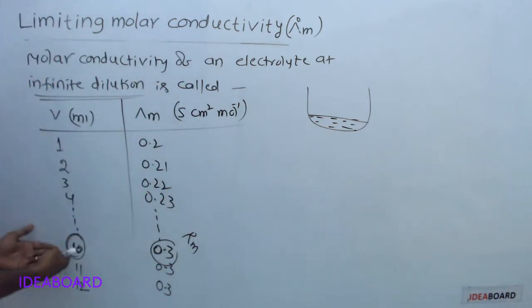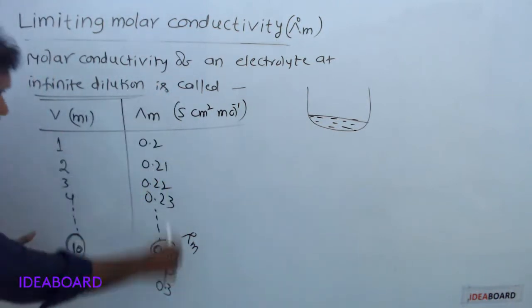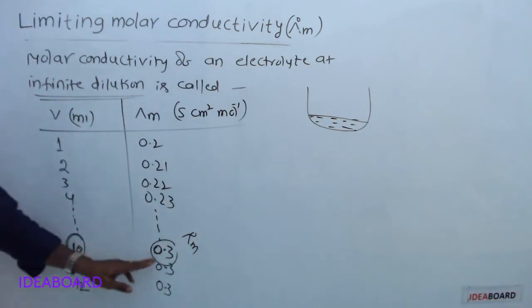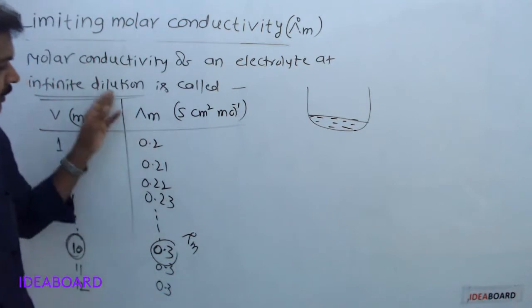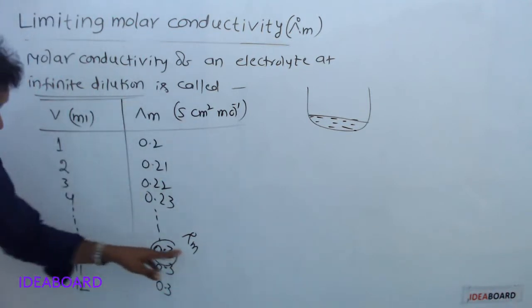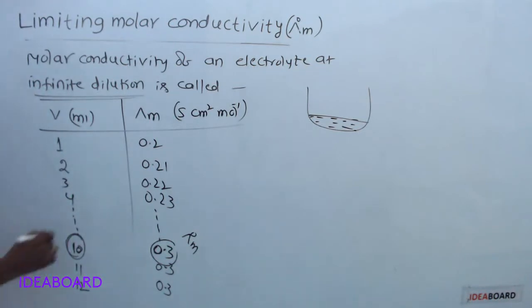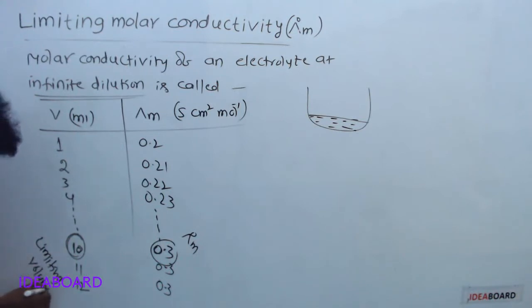From 1 to 10 milliliters it increases, but after that, even on further dilution, there is no increase. This volume is called the limiting volume point.